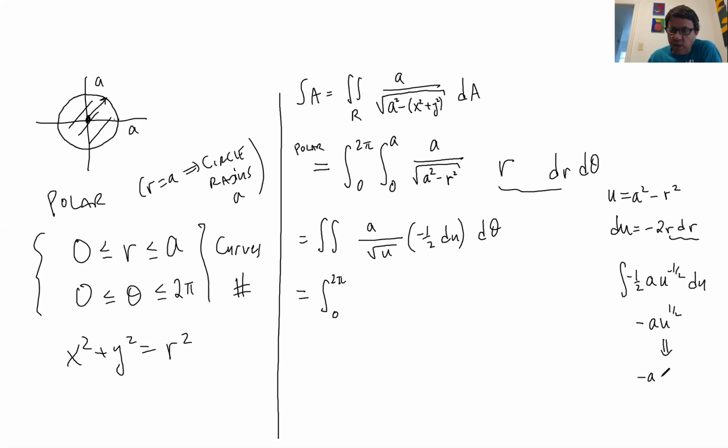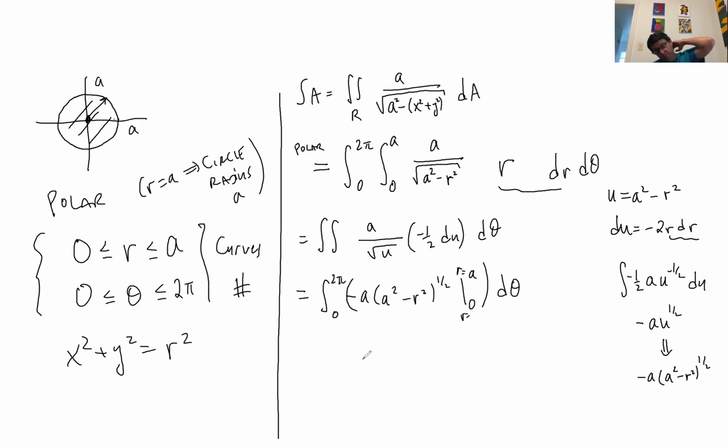So that's minus a times a squared minus r squared to the 1/2. And I can put my bounds back in, 0 to a d theta. And if you want to write that as r equals 0 to r equals a, it's not a bad idea to remind you.